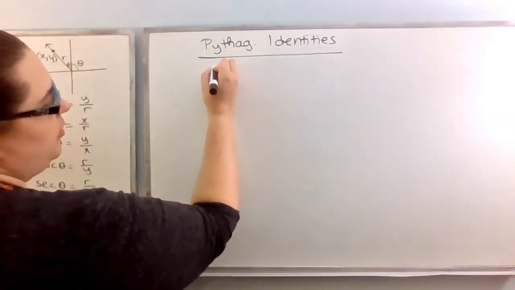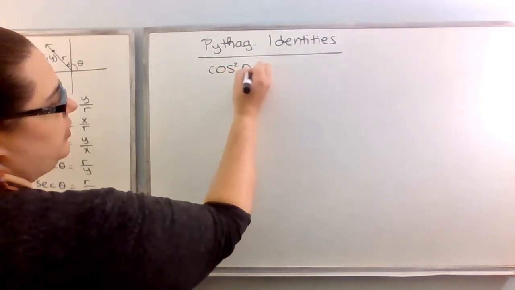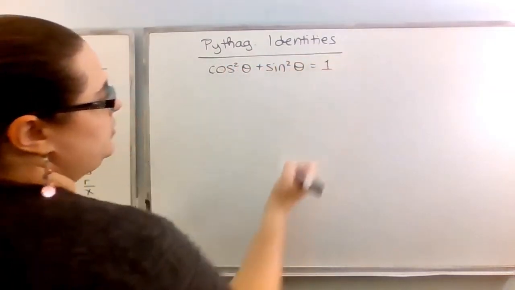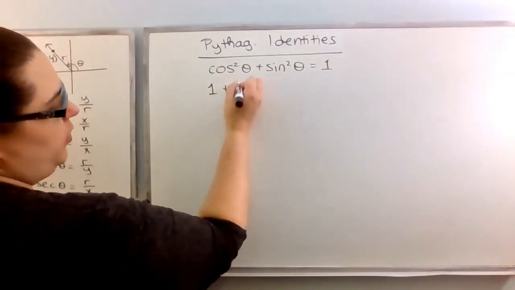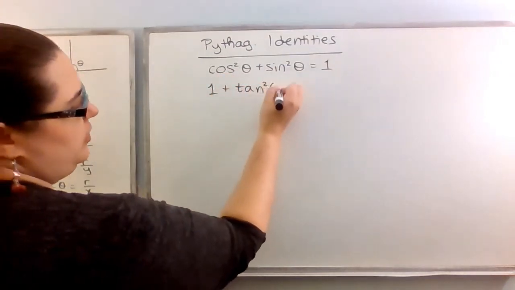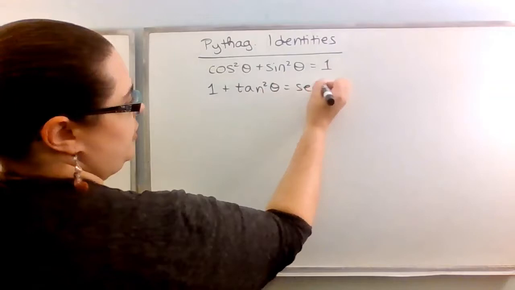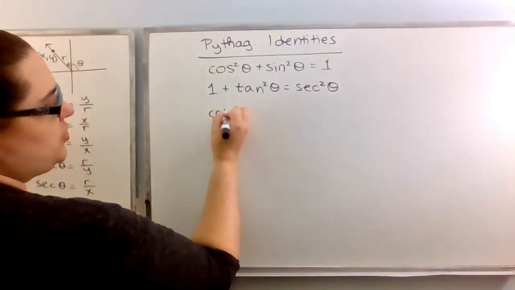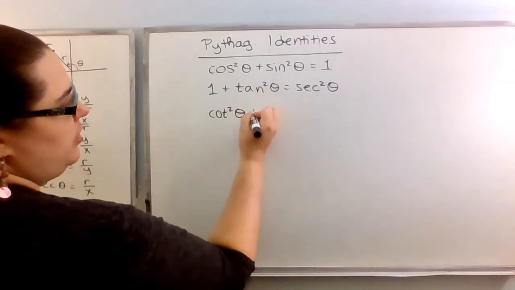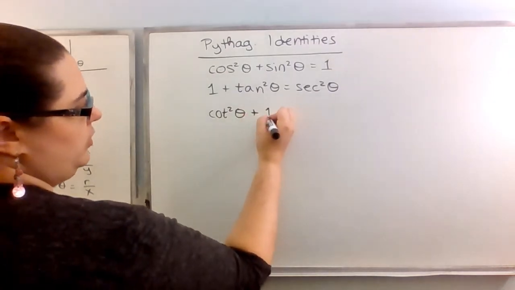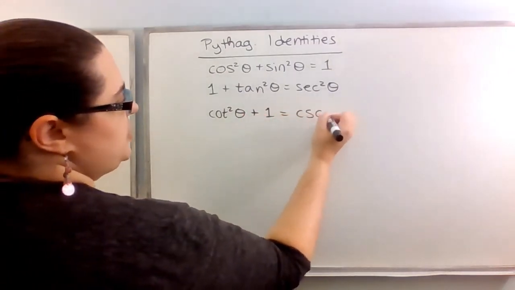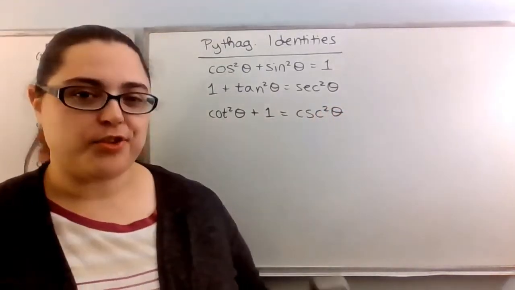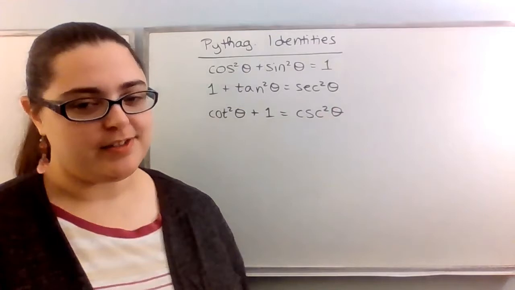We've got cosine squared theta plus sine squared theta equals 1. 1 plus tan squared theta equals secant squared theta. And cotangent squared theta plus 1 is equal to cosecant squared theta. So those are our three Pythagorean identities.